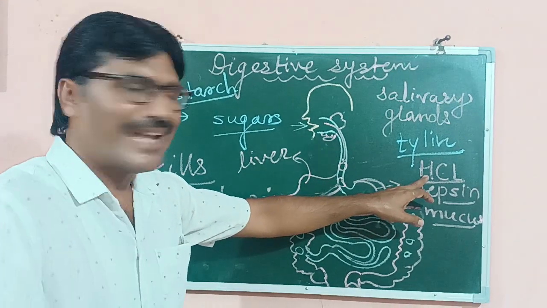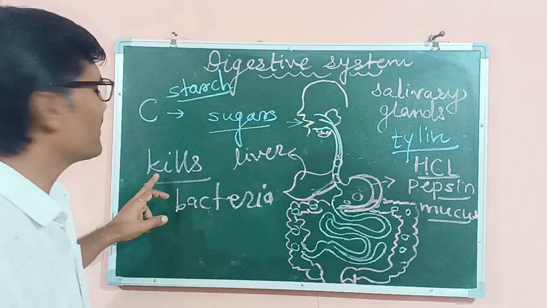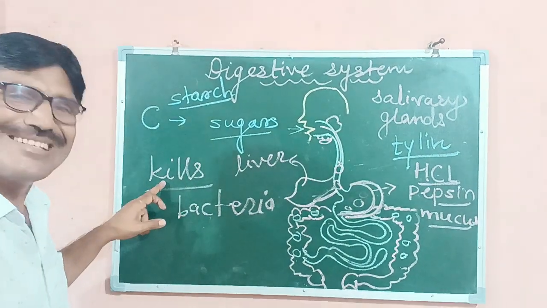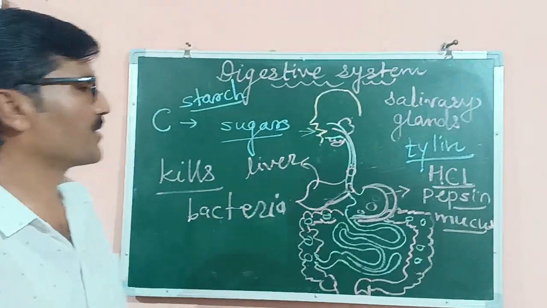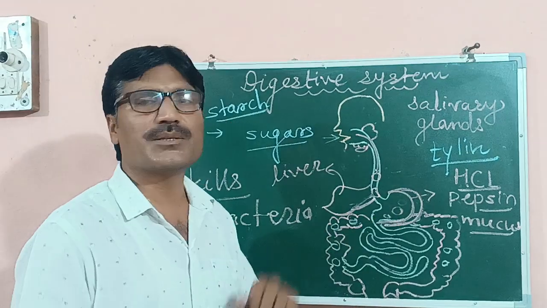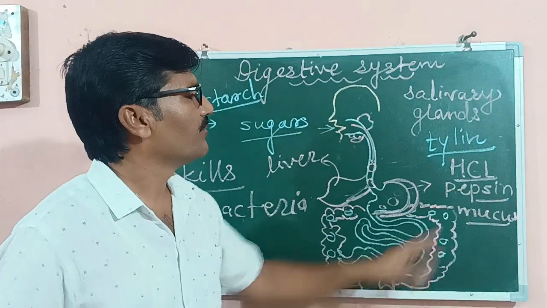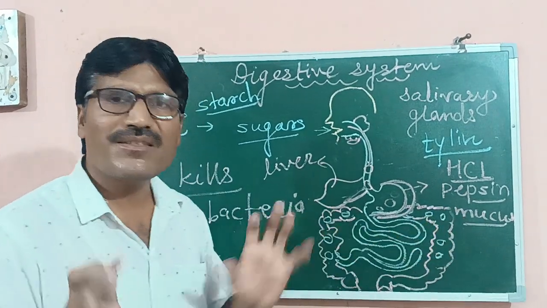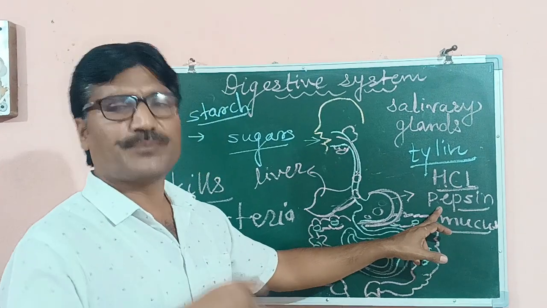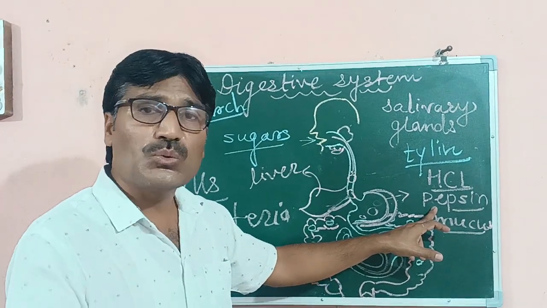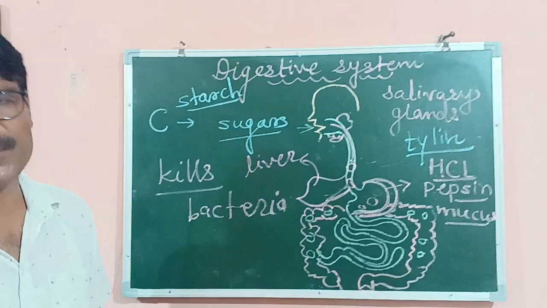I explained hydrochloric acid: it fights against bacteria, kills them, and helps to digest foodstuffs like protein. In the same way, pepsin, another enzyme, also helps to digest the proteins. And the third one is mucus.